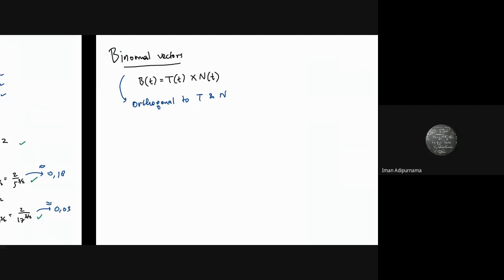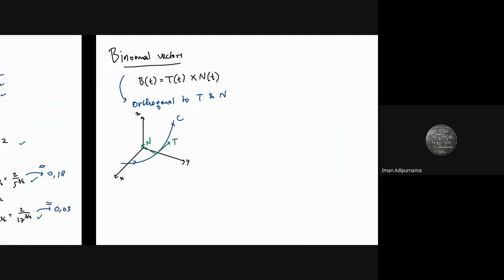So if you have this curve here, this is the arrow like that, curve C. You have probably T here, and then maybe N is there.